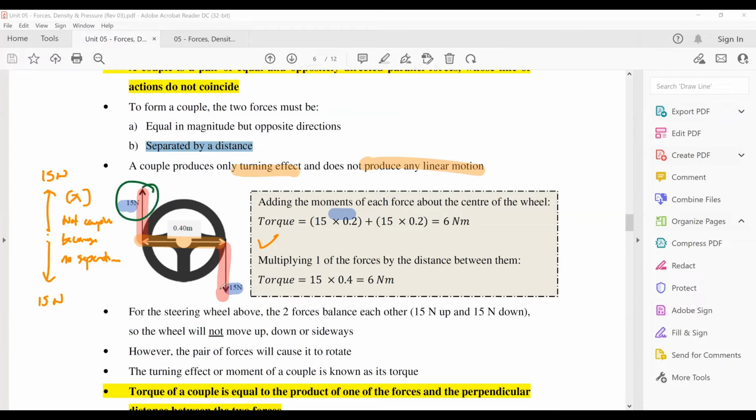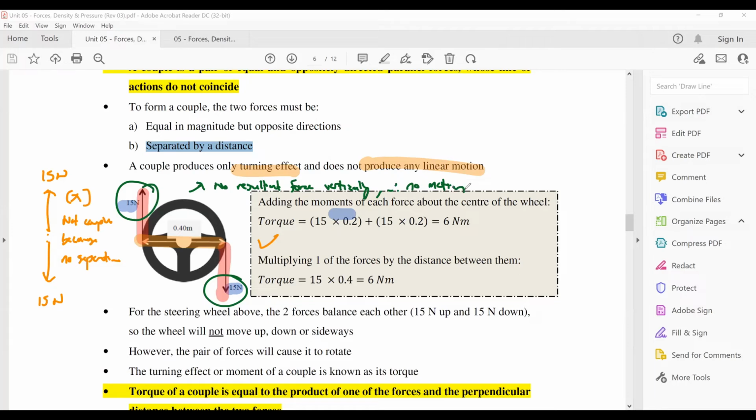You have 15 Newton acting outwards, you have 15 Newton acting downwards. This one, you have no resultant force vertically. Okay, you have no resultant force vertically, therefore no motion.